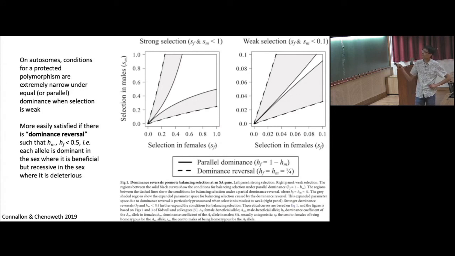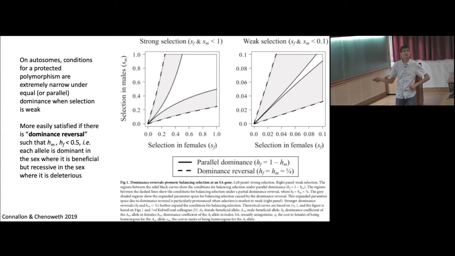So that solid line, there's that very narrow space where you might maintain a polymorphism under equal dominance or parallel dominance. And the dashed line captures, and the gray part represents, all the extra parameter space where you can maintain a polymorphism if instead of having equal dominance, you had what's known as a dominance reversal.